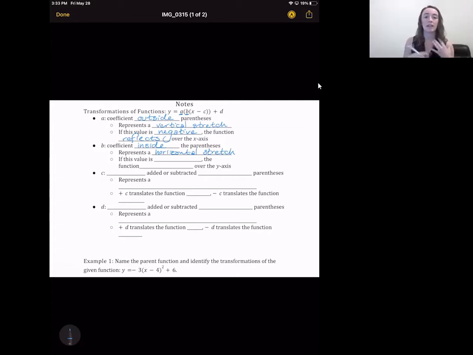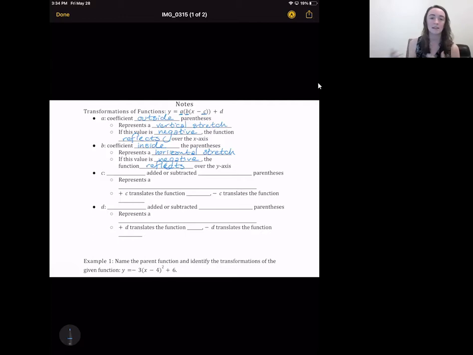And then similarly again to a, if this value happens to be negative, this would represent the function being reflected over the y-axis. So a has to deal with vertical stretches and vertical reflections, and b has to deal with horizontal stretches and horizontal reflections. Let's take a look at c.